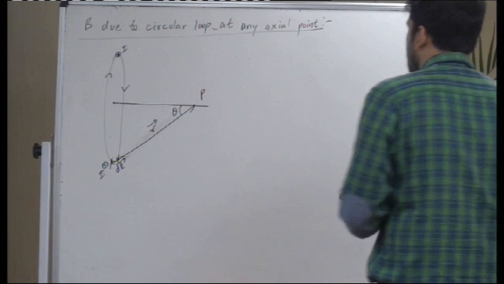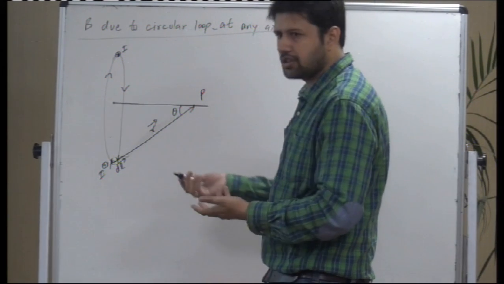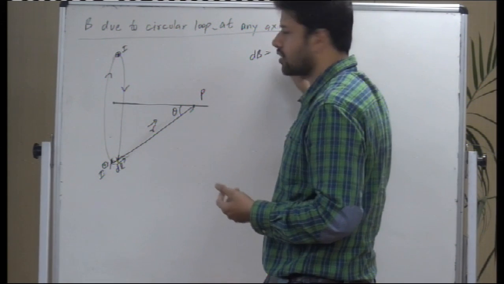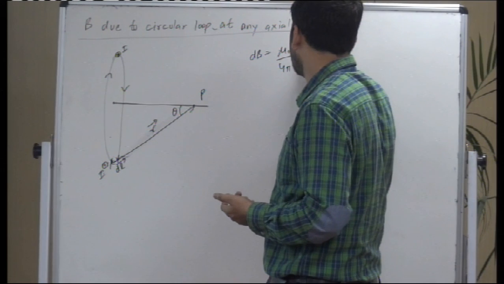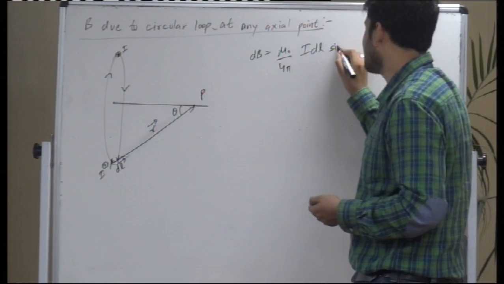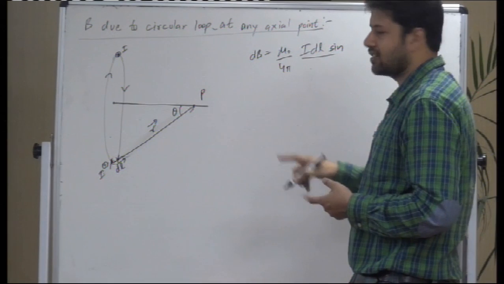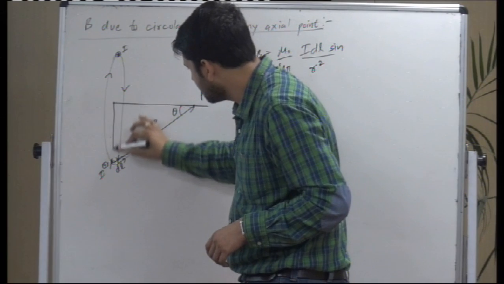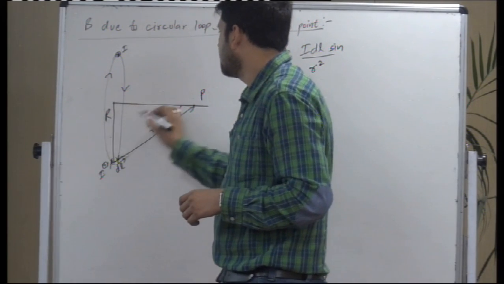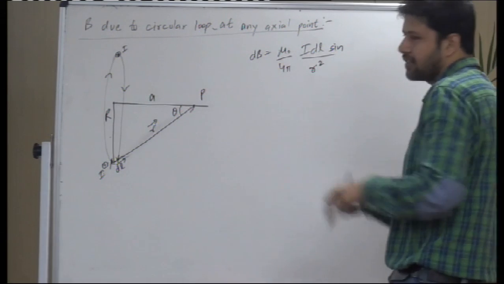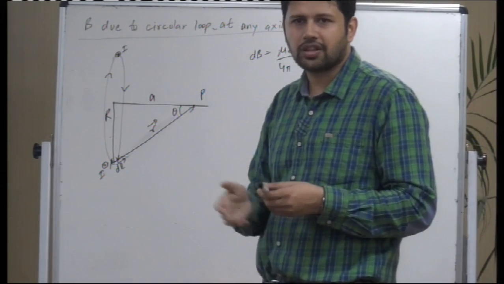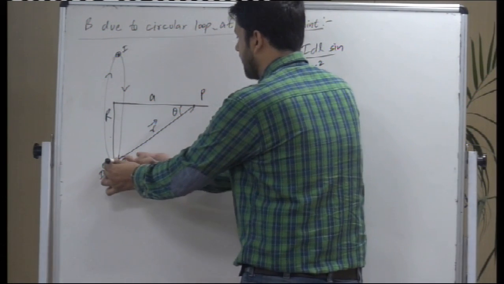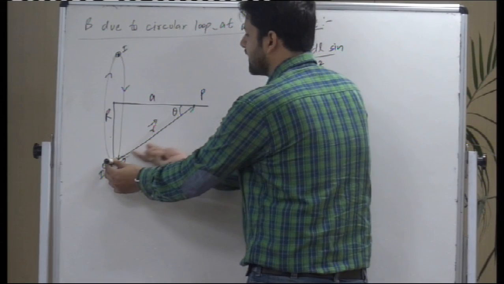So the magnetic field due to this small element, dB, is equal to what? Mu naught upon 4 pi, I dl sine how much, by the distance r square. If the radius is capital R and this distance is a, we can take r as under root a square plus R square, right? But what about the angle? This element is coming out and the r vector is like this, so they are perpendicular.